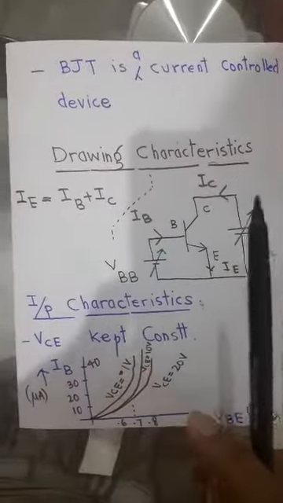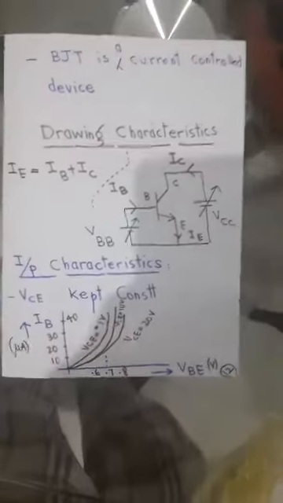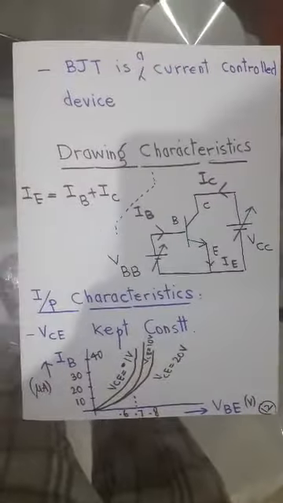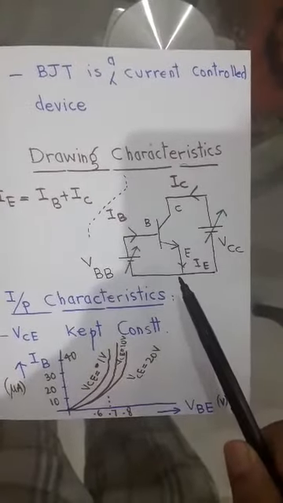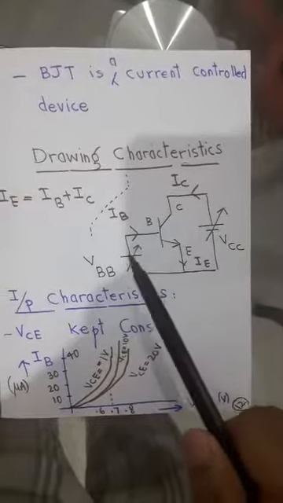Drawing characteristics. How can we draw input and output characteristics of this configuration? This configuration is called common emitter because the emitter is common between base and collector.